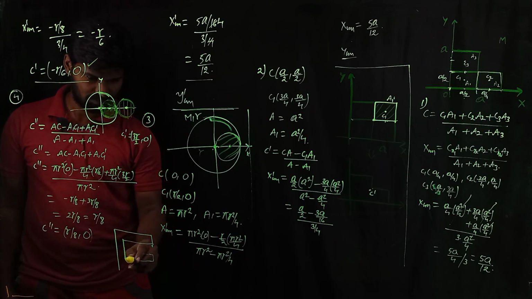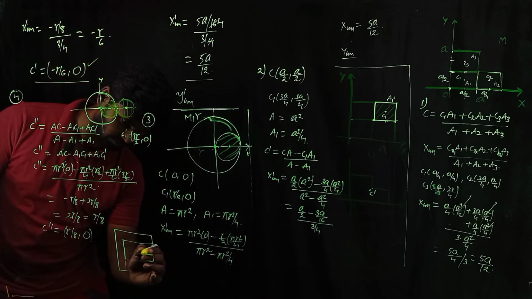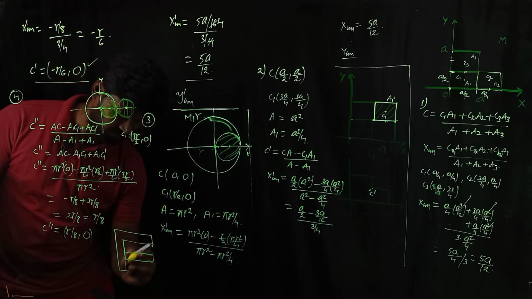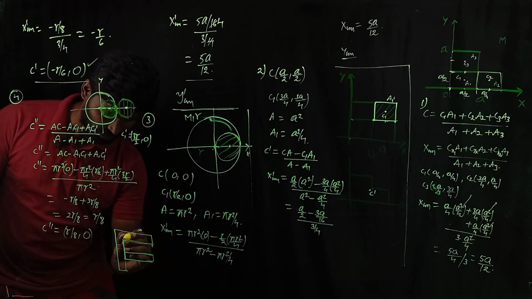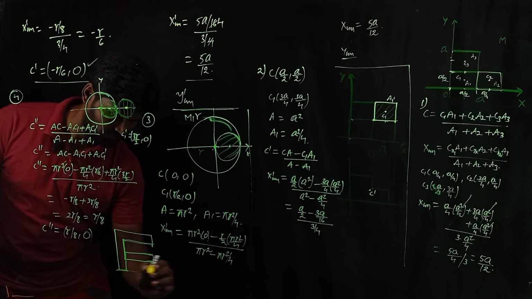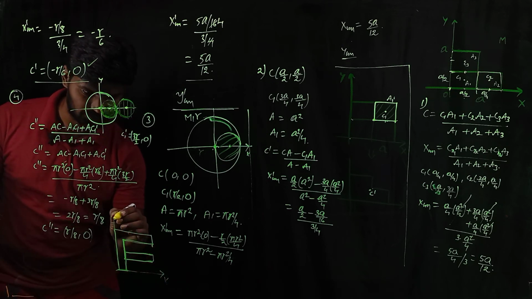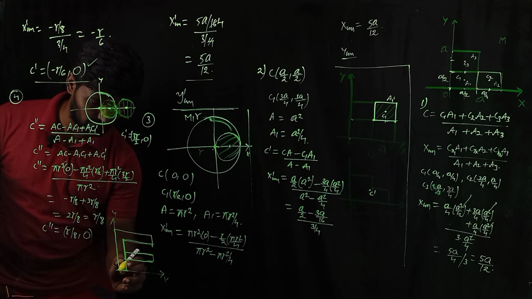So this is in the shape of the English letter F. For this configuration I want to calculate the center of mass, taking this as the x-axis and this side as the y-axis, that is, the origin over here.